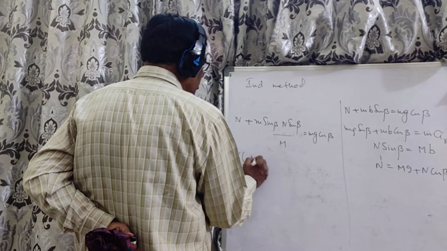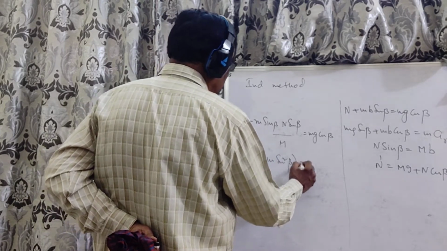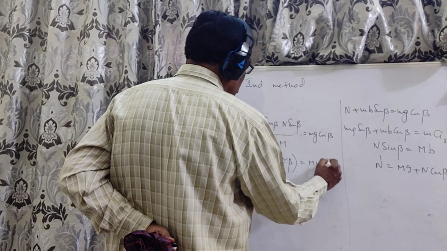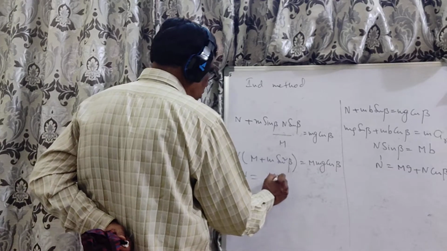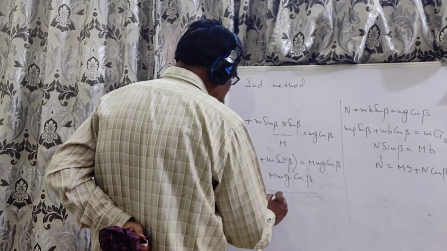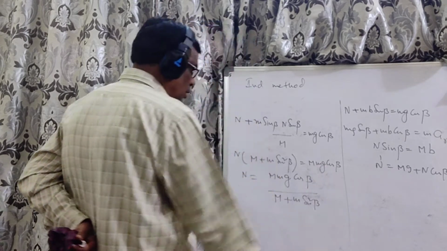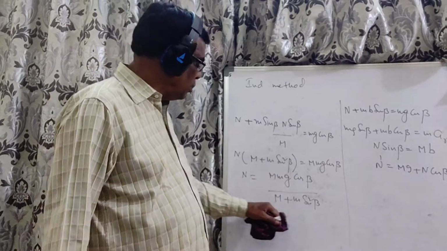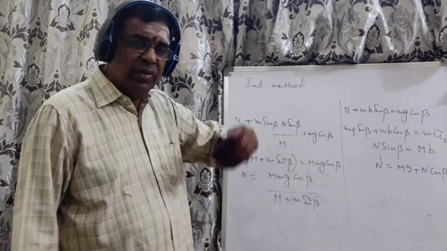N into M plus m sin square beta. You see? Got the result very easily. Mg cos beta by M plus m sin square beta. This is N. You verify your N.